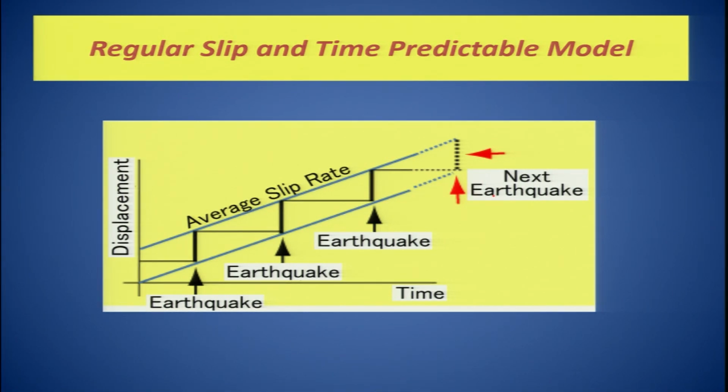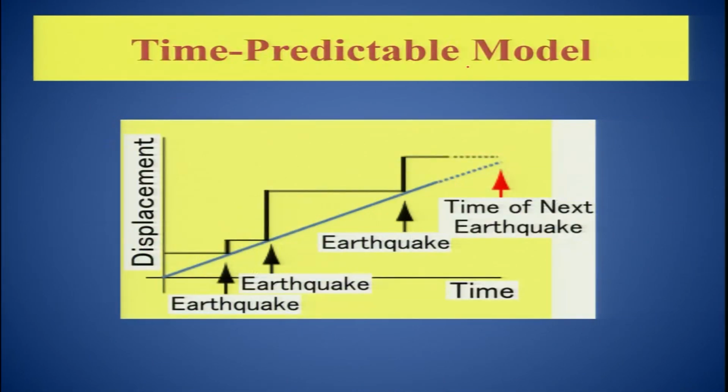So this is the model which shows the regular slip and time predictable model, whereas the time predictable model mainly does not take into consideration much of the amount of slip. Here what has been shown is an earthquake with less slip, that is displacement, but another one with a larger slip as compared to this one in a very short period.